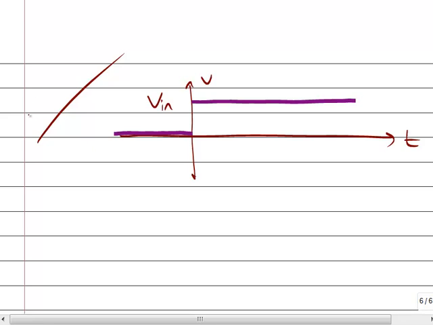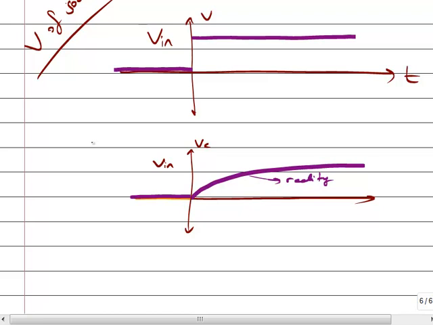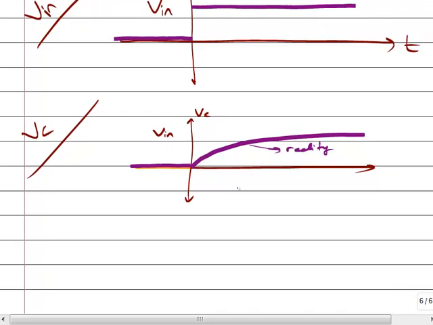This is the voltage of the capacitor, VC. This is V in. So the question: what's the voltage of the resistor?